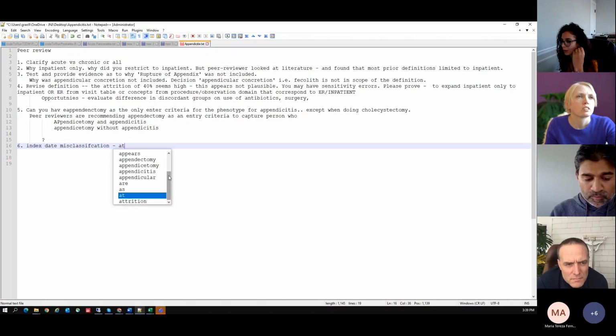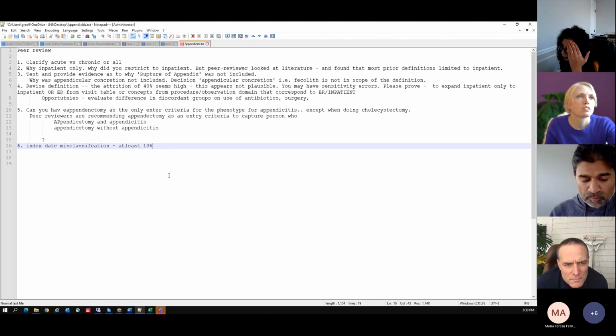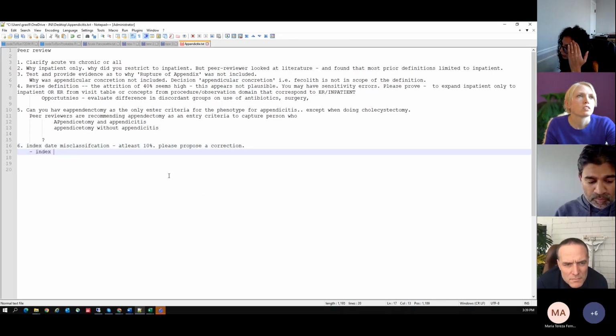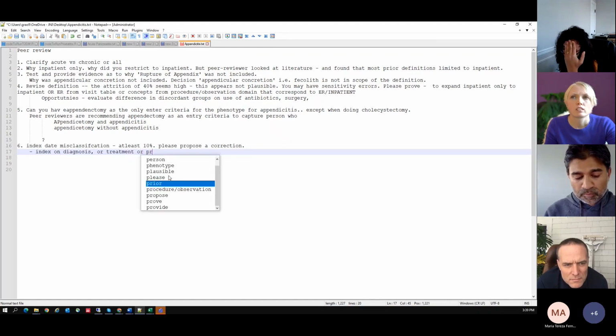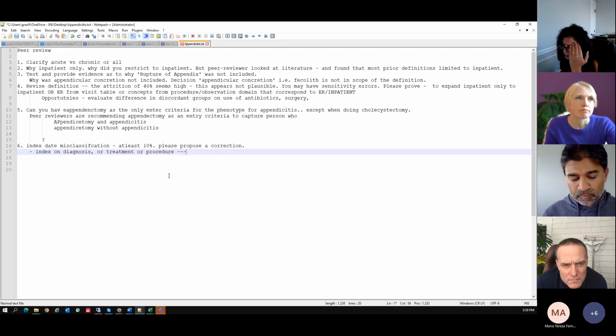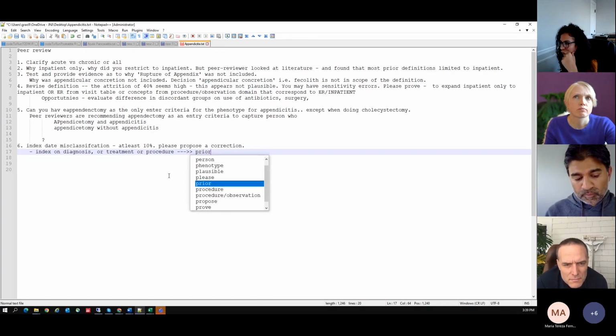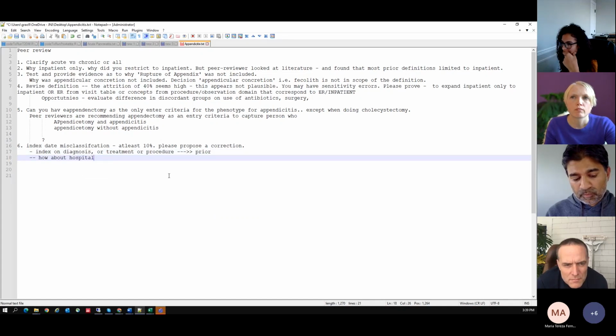This way, we know we're indexing on the event. Especially in a hospital, when you require an inpatient visit, you must at least make sure that you're detecting the case if somebody showed up in the GP ahead of time.